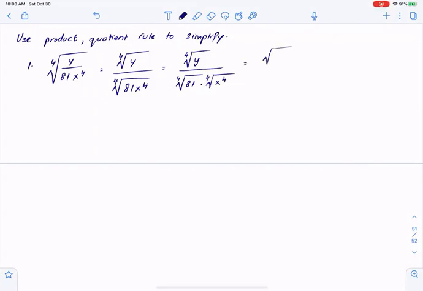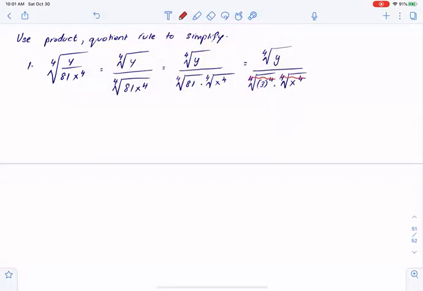I cannot write y as a power of 4. It's just not possible. You'd be going in circles because no matter how hard you try, the answer would always be the fourth root. But in the denominator, you have 81, which is 3 raised to 4, and I already have x raised to 4.